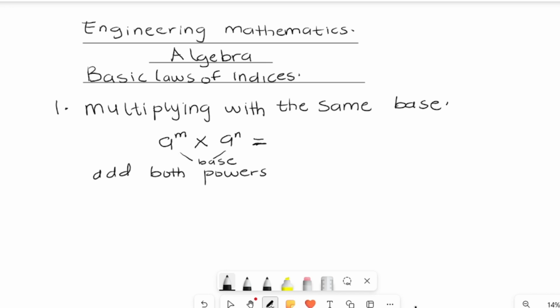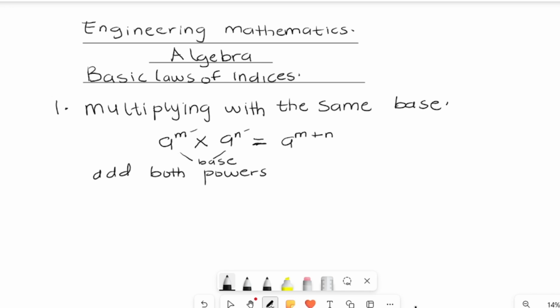So we'll bring it out, a, and these are our powers. So we will now write a raised to power m plus n. So this is the first law, multiplying with the same base.